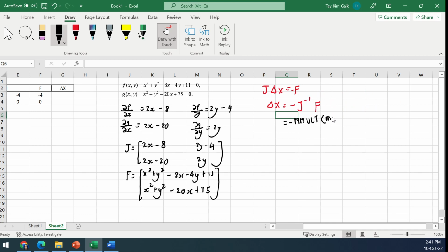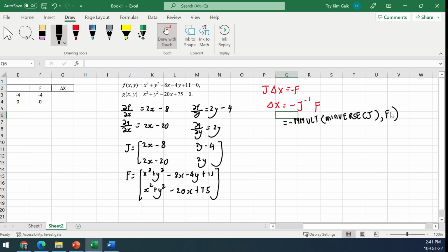The command is MINVERSE. You cannot type J, select the range of J, multiply F, also select the location of the F. The command MINVERSE, open close parenthesis, select the range of your Jacobian matrix. This is for the J inverse.